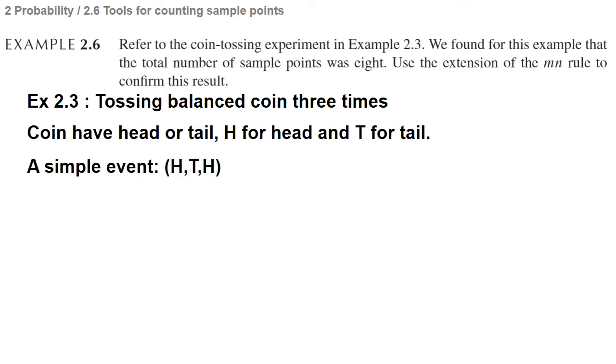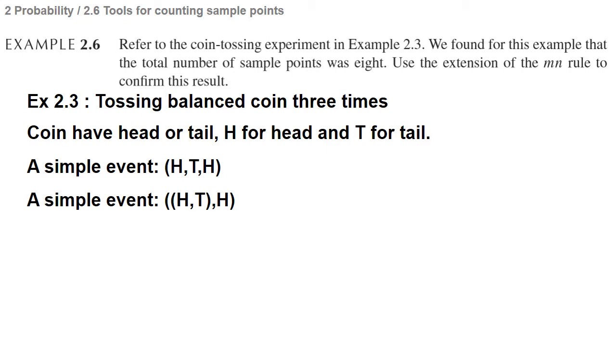A simple event for example 2.3 would be this thing, head, tail, head. And actually we can describe it like this. For the inner pair, we can apply the MN rule to count all the events for the first two places. For this position, we have 2 possibilities, and for the second position, we have 2 possibilities.